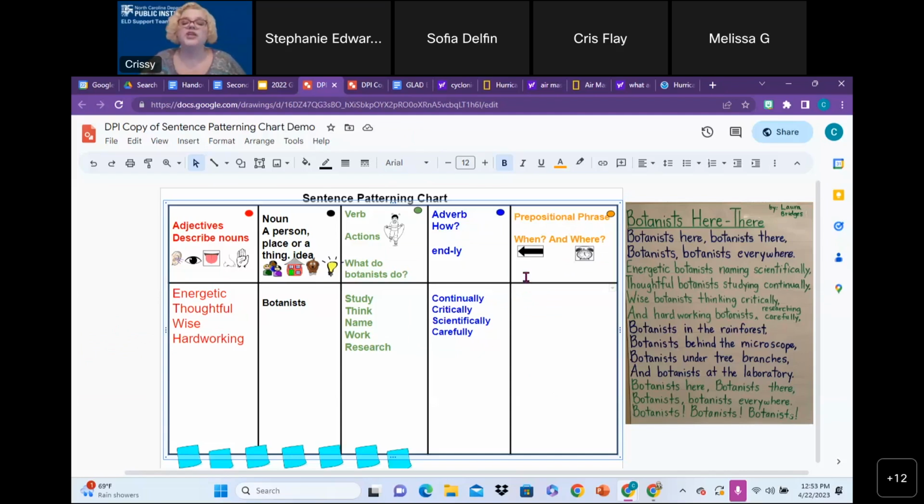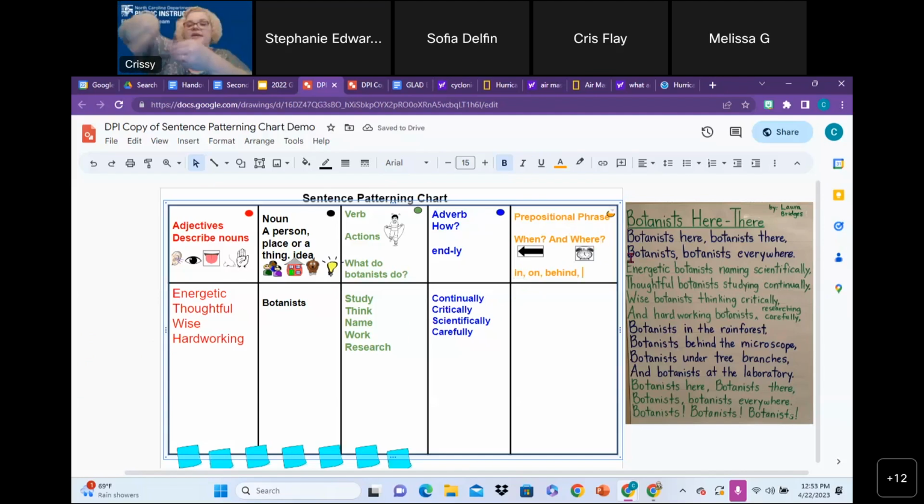Now, prepositions are words. Let me give you some examples of some prepositions. In is a preposition. On is a preposition. Behind is a preposition.